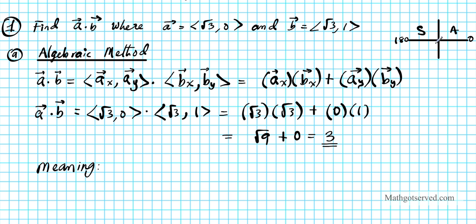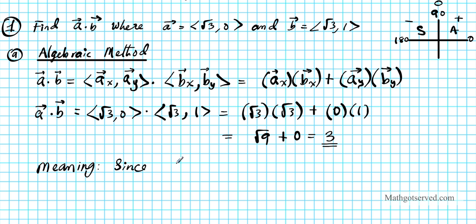If the result we get is positive, that means the angle is less than 90 degrees. If the result is 0, then the angle between the two vectors is exactly 90, and if the result is negative, the angle between the two vectors is greater than 90 degrees. In this case, we have a positive dot product, so our angle is between 0 and 90 degrees, less than 90 degrees.